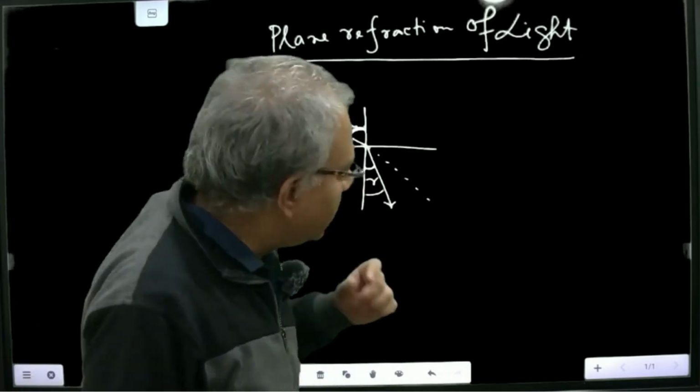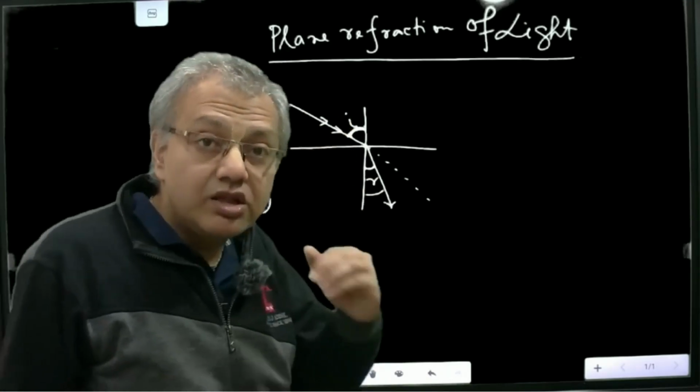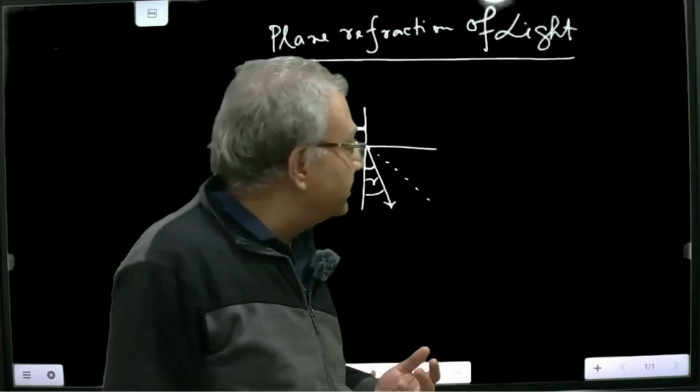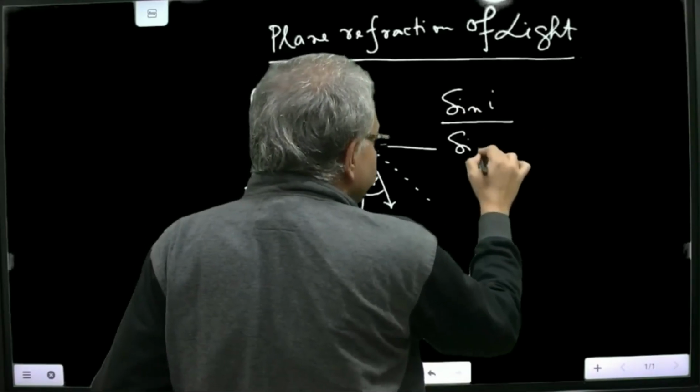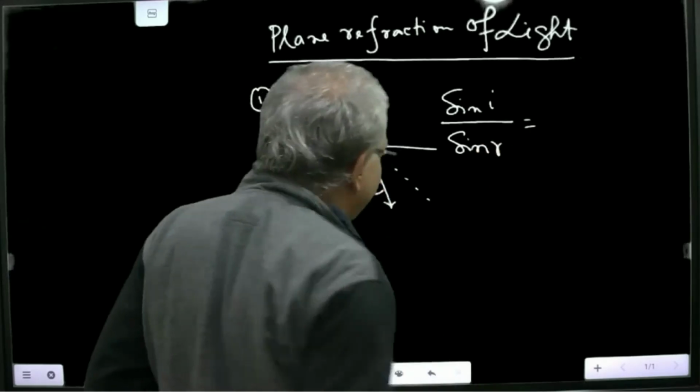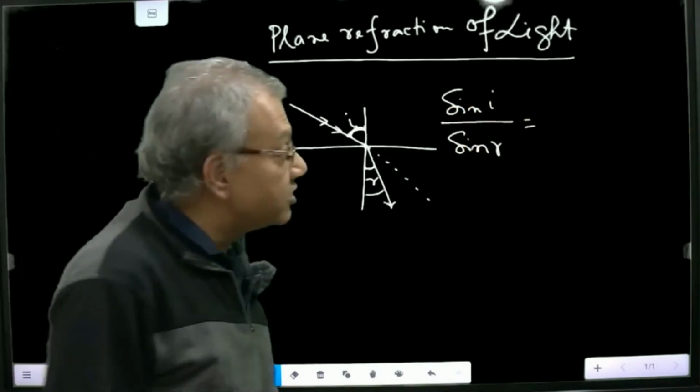Okay. So now from the generalized Snell's law, there is a law existing that sine i divided by sine r is a constant. It is called Snell's law.